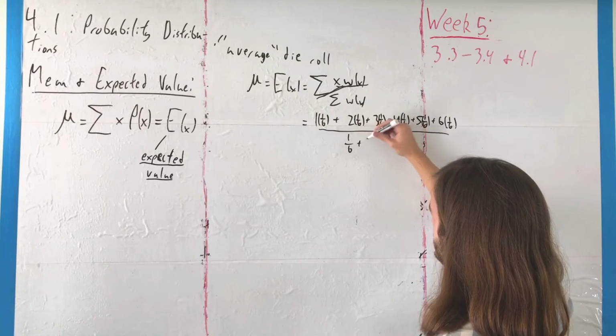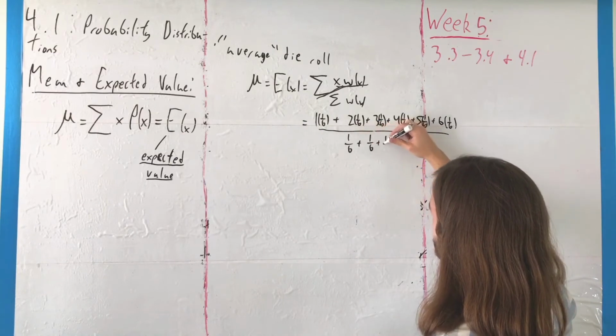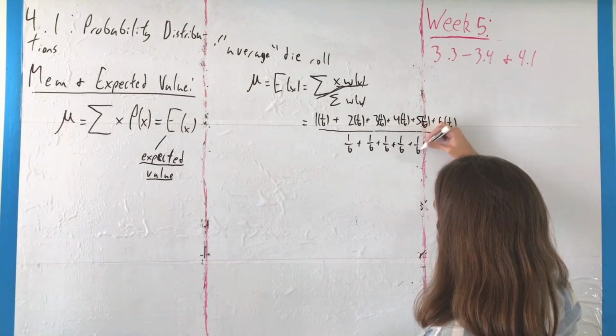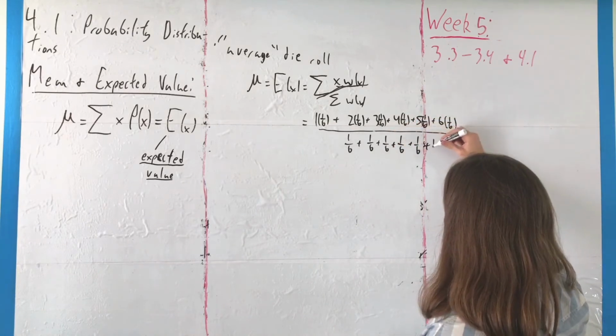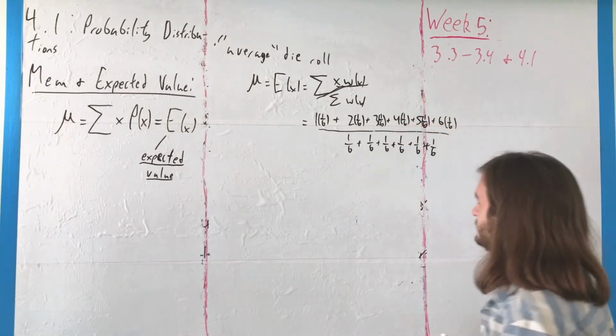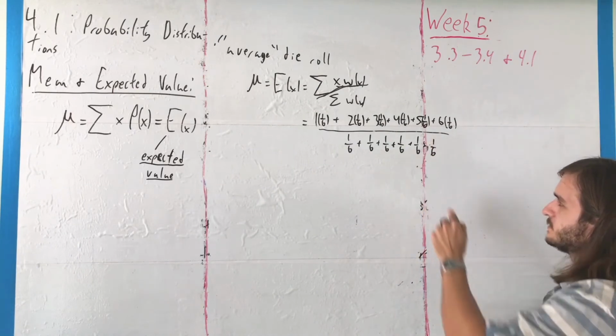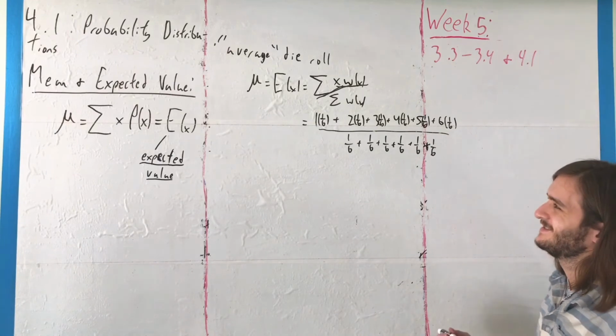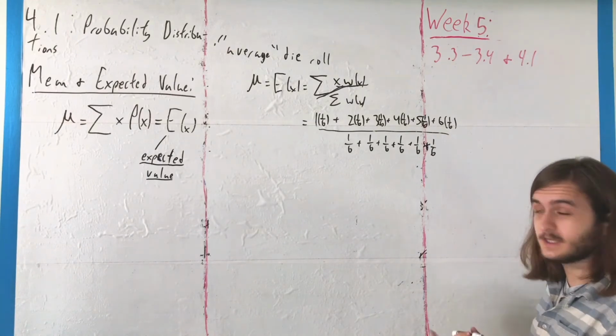It's just 1/6 plus 1/6 plus 1/6 plus 1/6 plus 1/6. So we've got 5 of them, we need one more, 1/6. The sum of the weights just ends up being 1.